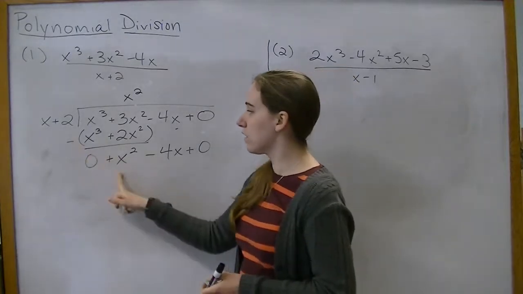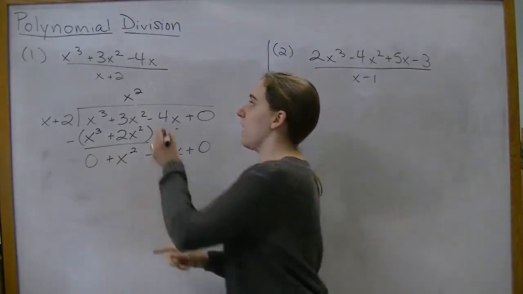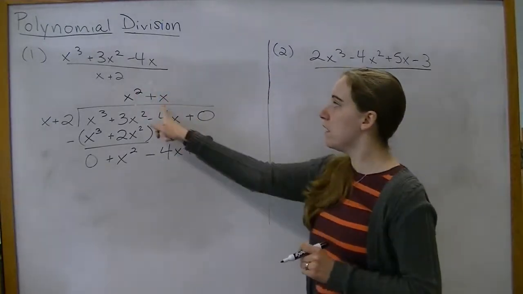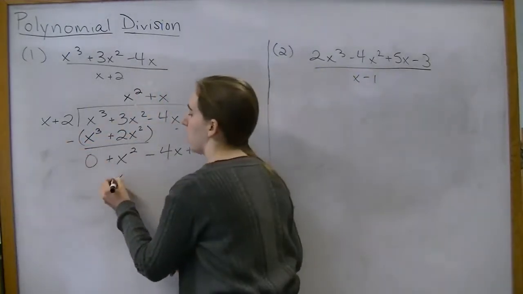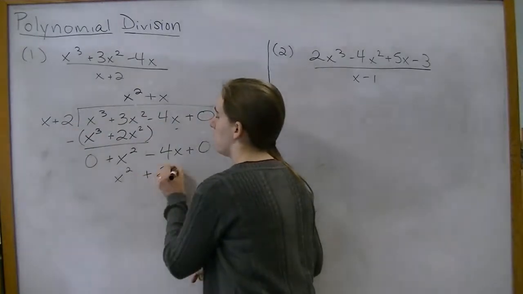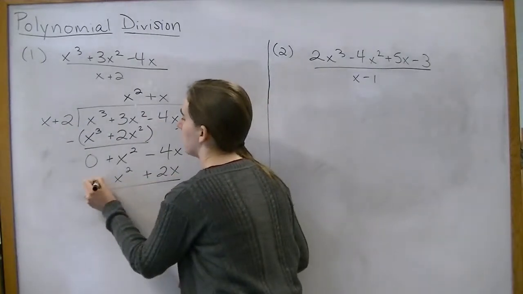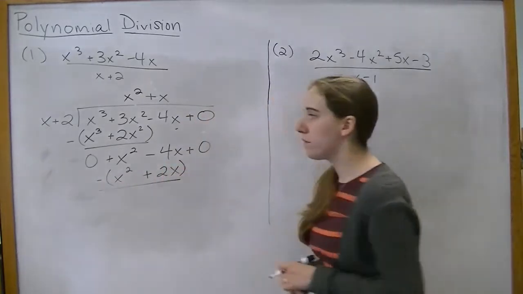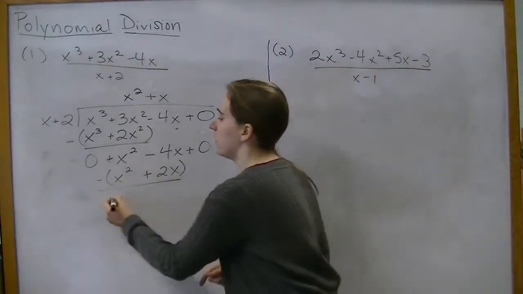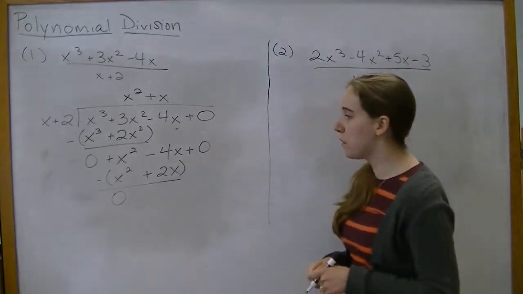So in order to get x squared to cancel with the x, I need to multiply the x by x. So x times x gives me x squared, then the plus 2x goes there. So x squared minus x squared cancels, so that's good, that's what we wanted.